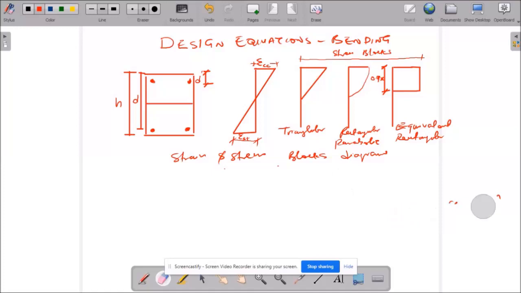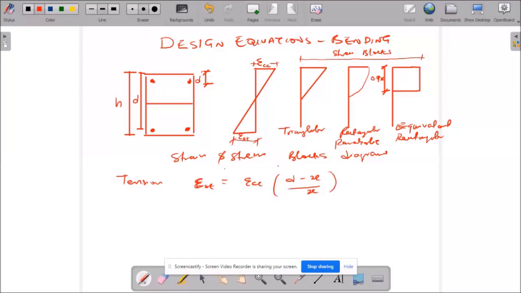Strain in the tension zone, strain in the steel: this is the symbol of strain. Est is equal to Ecc bracket d minus x over x.